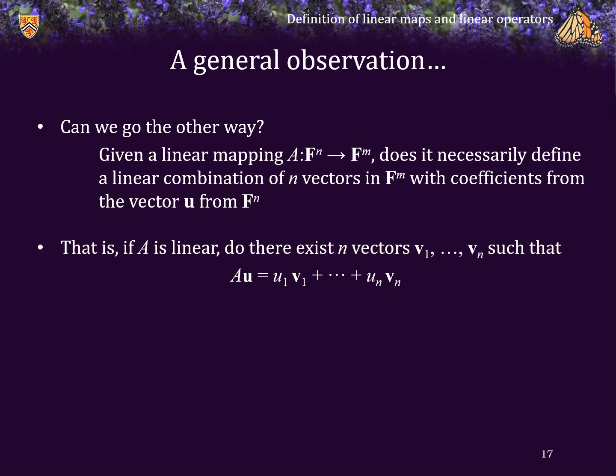That is, if A is a linear map, do there exist n vectors v1 through vn such that we can write A applied to the vector u as u1 times the vector v1 plus u2 times the vector v2 plus all the way to un times the vector vn?